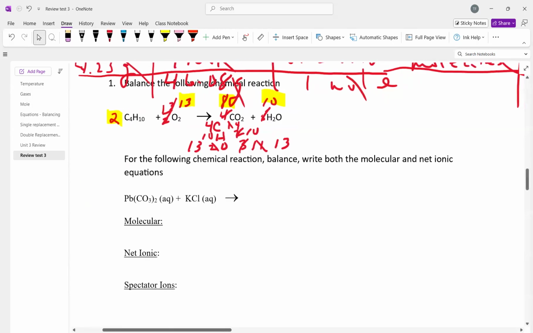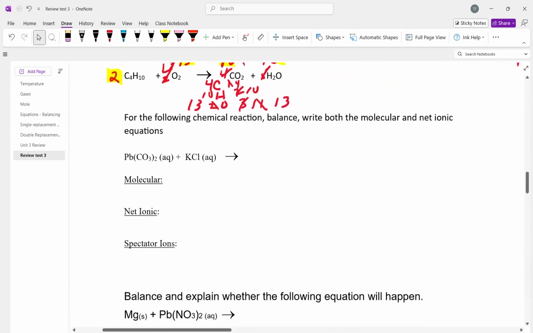All right, for the following chemical reaction, balance and write both the molecular and net ionic equations. This is a salt and a salt, which is a double replacement reaction. So now we're going to need the solubility table. The lead goes with the chlorine.